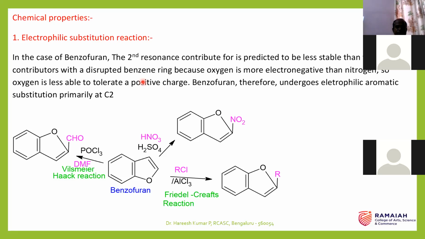Electrophilic substitution is a characteristic property of an aromatic compound, and of course, benzofuran is an aromatic compound. We should know where the electrophile attacks. In this benzofuran, the second position is the electron-rich species, and that is where the electrophile attacks.